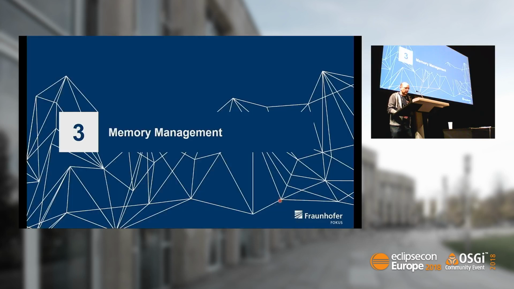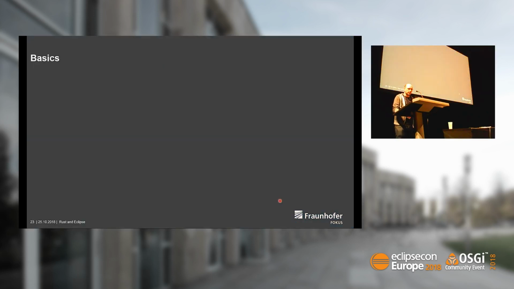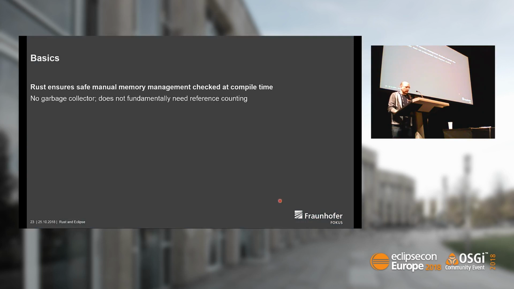All right, so let's go to memory management because that's the most interesting part of Rust. Rust ensures safe manual memory management, which is checked at compile time. So there is no garbage collector to ensure memory safety, and it does not fundamentally rely on reference counting.